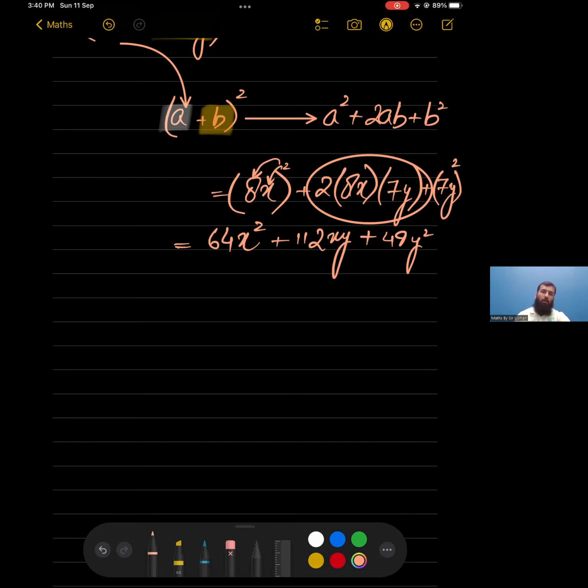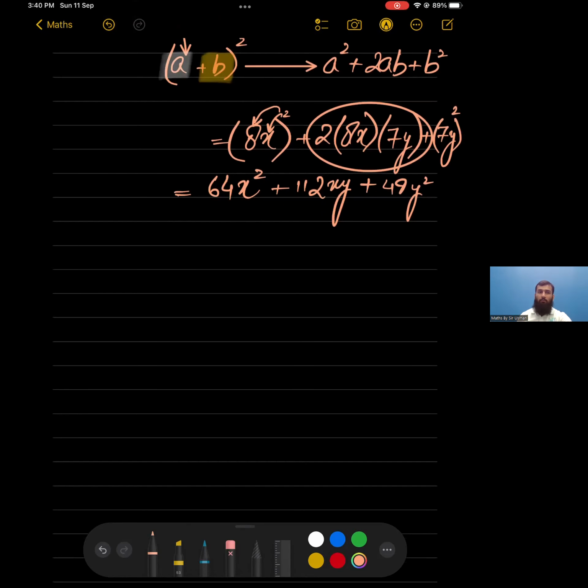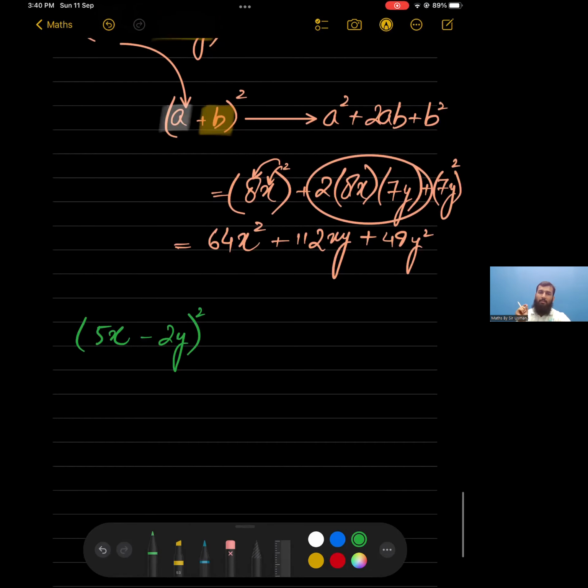In the same way, if I have got another question but with a negative sign in between, let's see what we do there. So let's say if I have got 5x minus 2y and I need to do the square of it. So you would use the second identity over here. And you would remember that in the second identity, only the center sign changes.